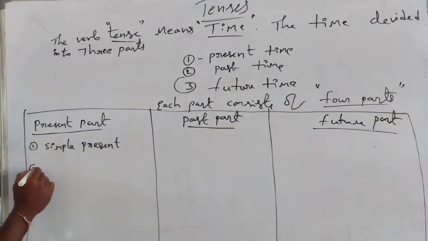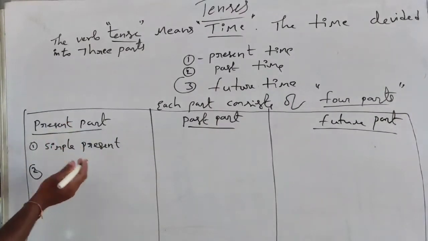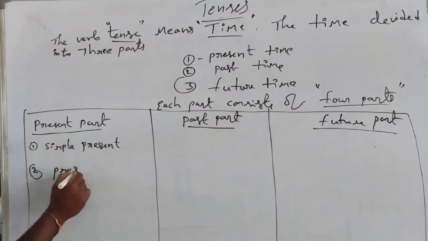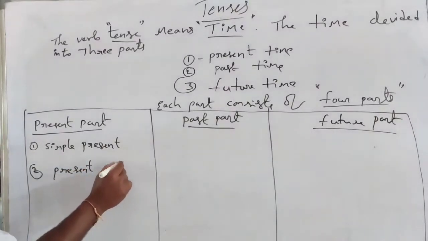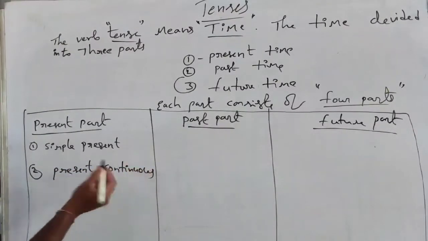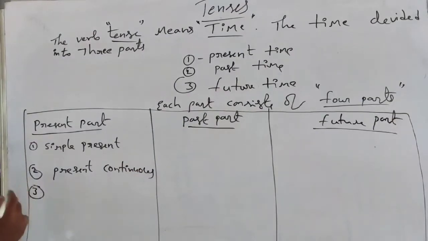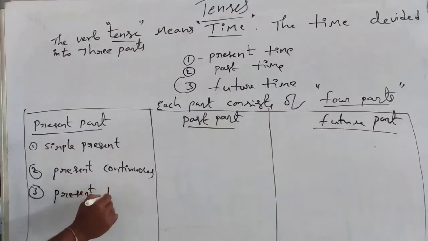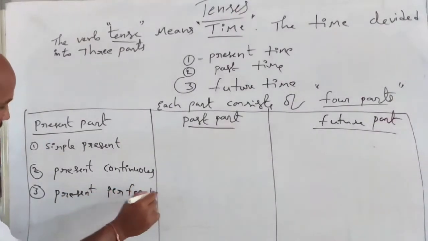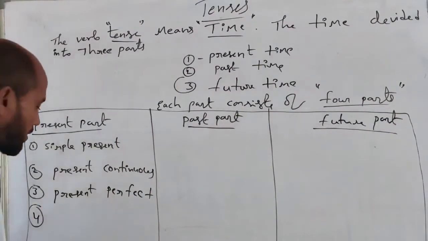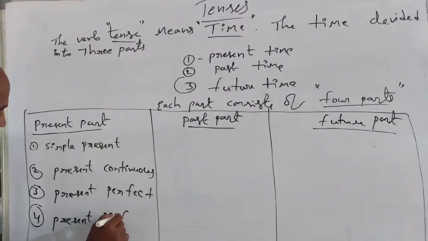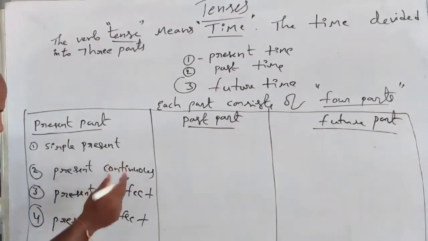And the second one in this present time is present continuous. And third is present perfect. Fourth one is present perfect continuous.